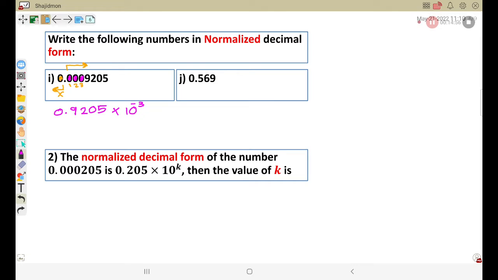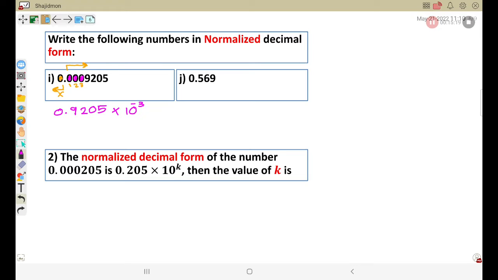Okay, that is the example here. This is the normalized form of that number. So in that example we need to be careful. Before the point, if there is no number, then we go to after the point, immediately how many zeros are coming. Okay, so 3 zeros are there, so multiply 10 power minus 3.